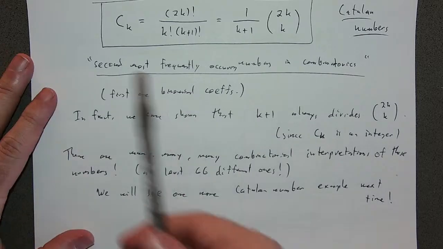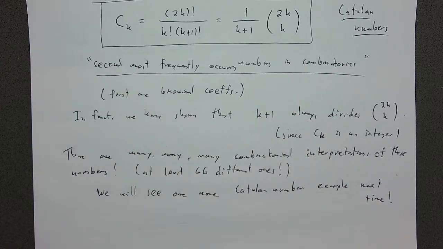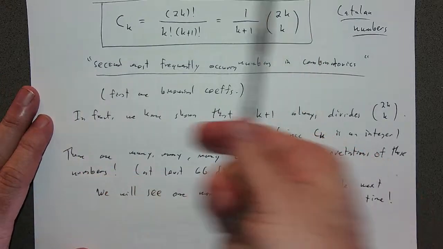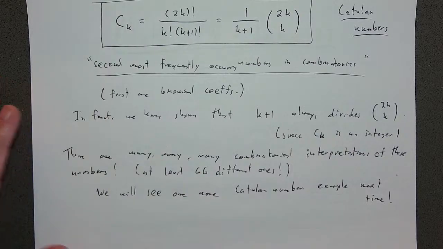This was our original motivation for computing these numbers. Anyway, through that consideration, we found these are exactly those numbers that count this situation. So I mentioned that these are the second most frequently appearing numbers in combinatorial applications after the binomial coefficients.